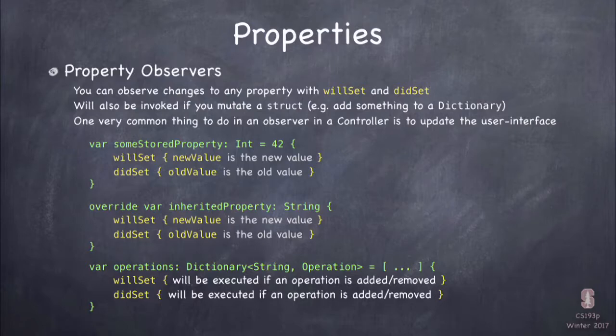Let's say I'm a button and my background color changes. I inherit my background color from my superclass, UIView, one up the chain of superclasses. Every time the background color changes, the button wants to redraw itself. So it will have var backgroundColor is a UIColor, open curly brace, didSet, open curly brace, draw myself, close curly brace.